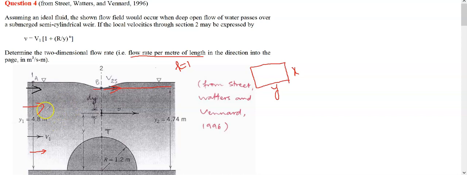Now, instead, solving the problem according to the mass conservation principle, or the equation of continuity, we can say that the flow rate at section 1 should be equal to that at section 2. You already know the equation of continuity, and its physical meaning is the conservation of mass.